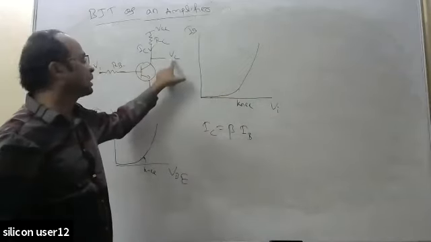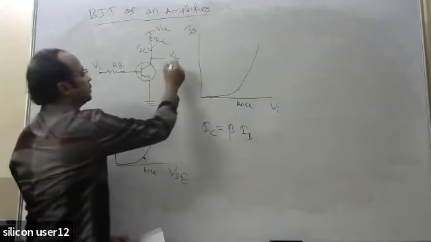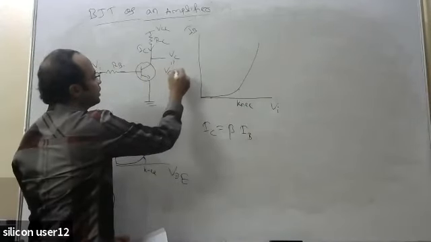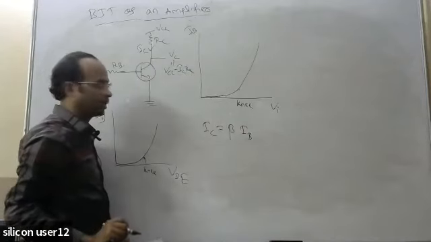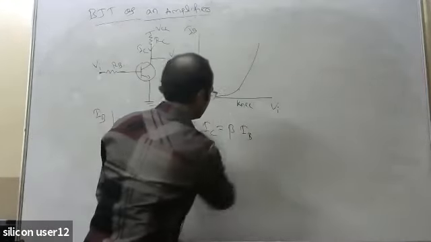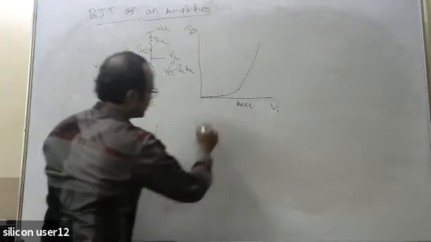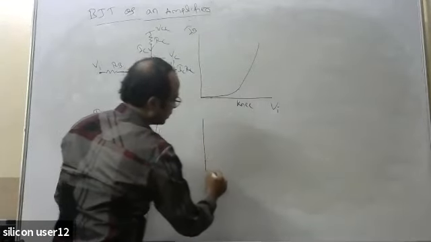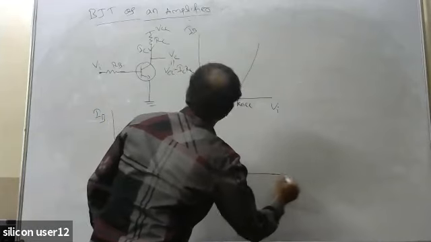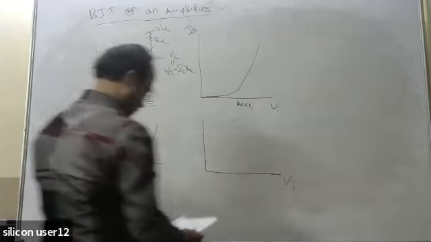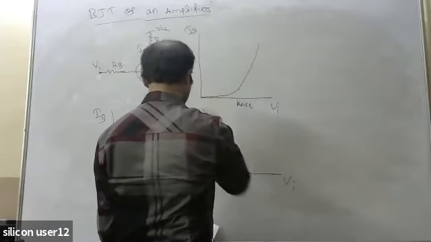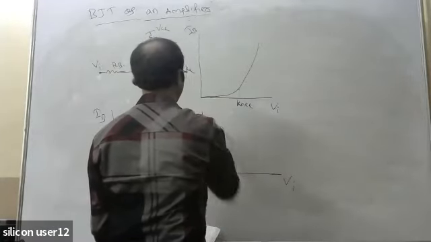Now what is the equation for VC? VC equals VCC minus ICRC. Suppose you draw the curve here below it, it will be more clear. So here it is with respect to VI, and here your VC.